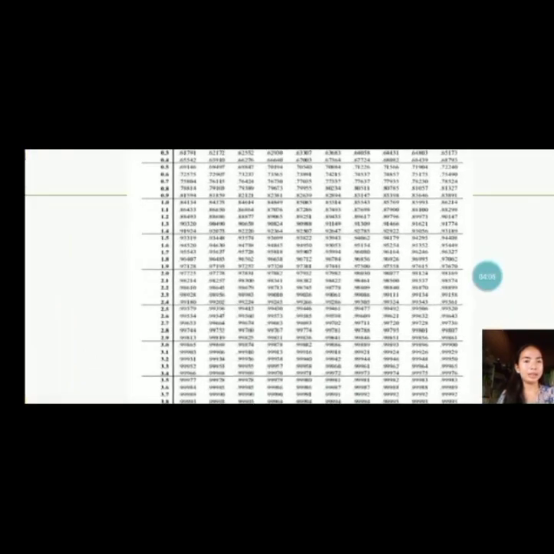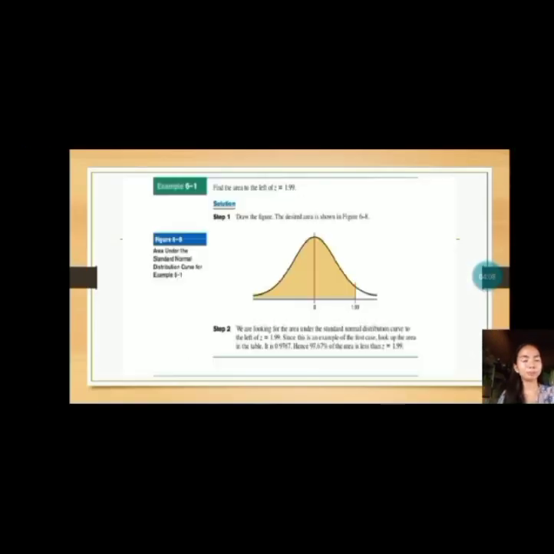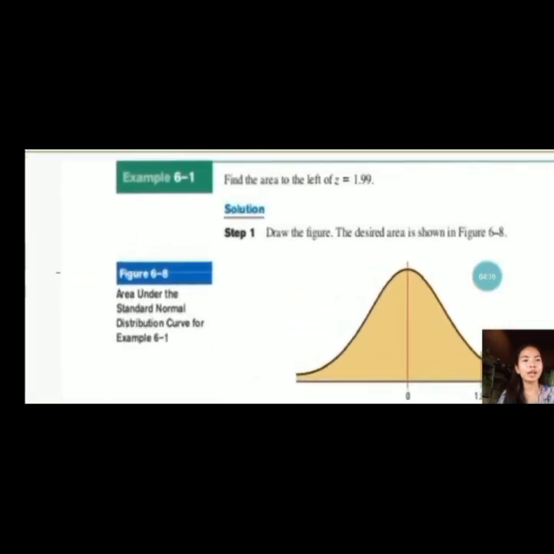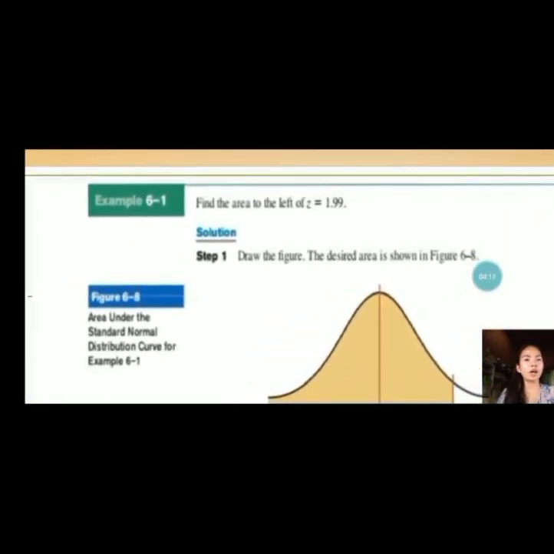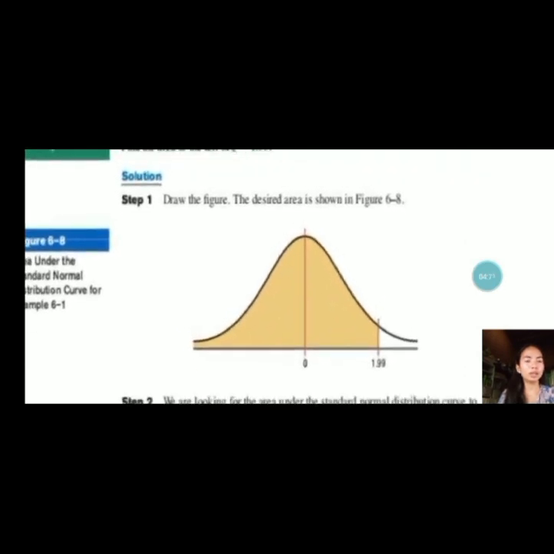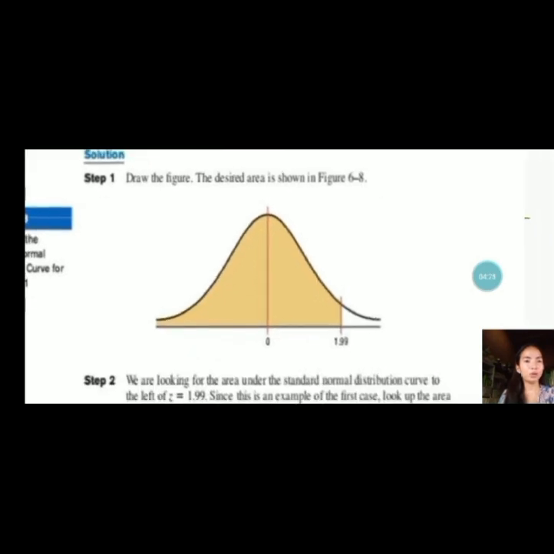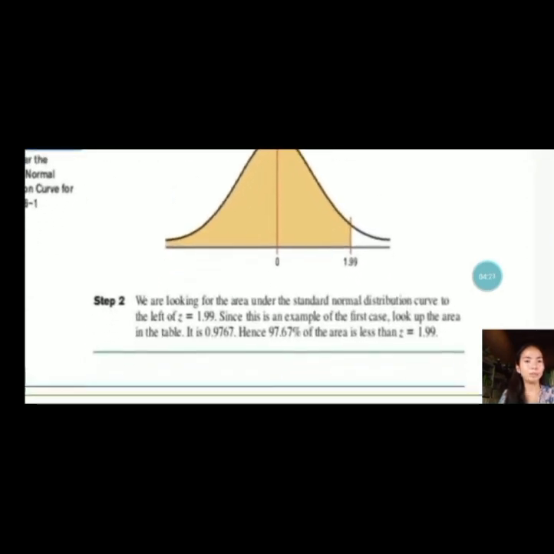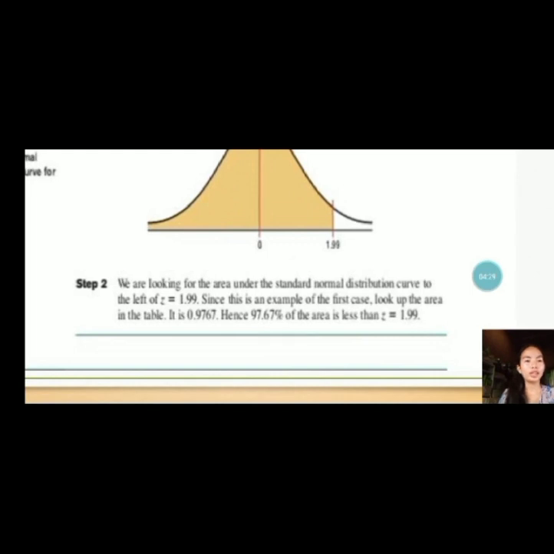So, the first example, find the area to the left of z is equal to 1.99. So, mag-drawing mo og bell, guys. Then, ang sa bell is sa center is 0. So, we're looking for the area under the standard normal distribution curve to the left of z is equal to 1.99.